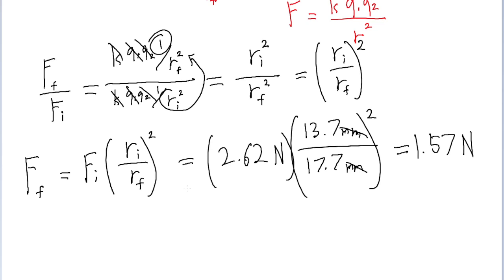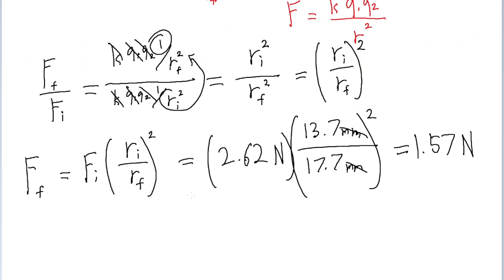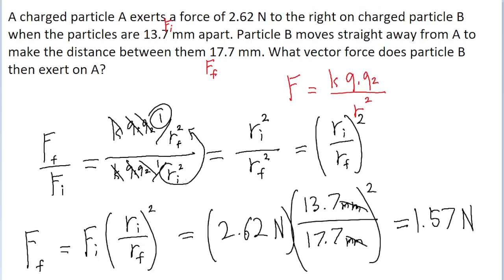Note, however, that we still have not yet fully answered the question. We found the magnitude of the new force between the particles, but the problem is also asking for the vector force, meaning we can't only specify magnitude, we also have to specify the direction of the force.